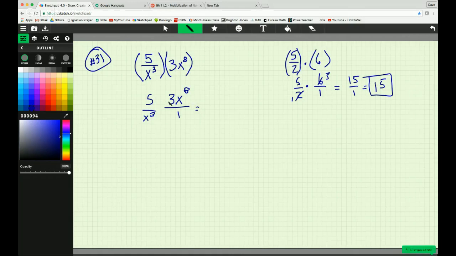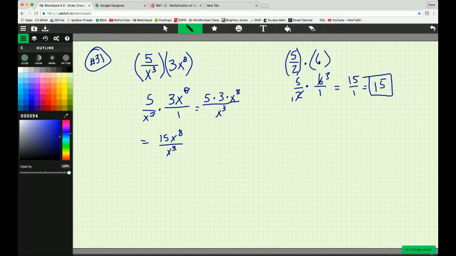So if we multiply our numerator, we get 5 times 3 times x to the 8th, all of that over x cubed, x to the 3rd times 1 is x to the 3rd. And so that equals, well, 5 times 3 is 15, x to the 8th over x to the 3rd.